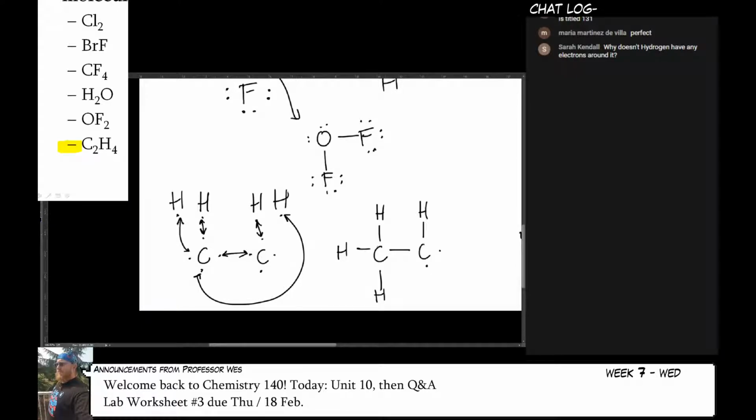If I check the octet rule right here, I have 8, because 2, 4, 6, 8, that's fine. But here, I only have 2, 4, 5, 6. So this structure is wrong. I need to satisfy the octet rule for everything. So, if you get a structure that's wrong, you gotta start over. You gotta try again.